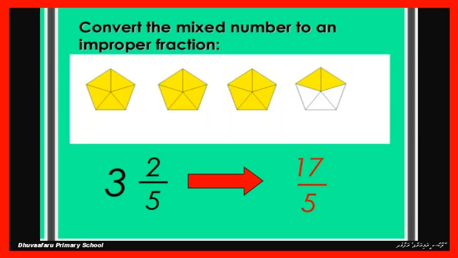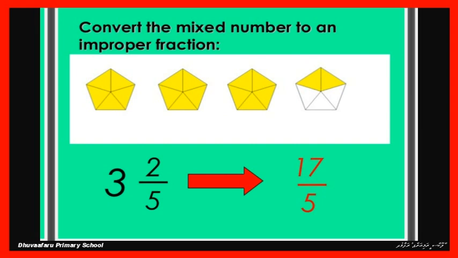3 2 by 5 changes to an improper fraction. 5 times 3 is 15. 15 plus 2 is 17. So we have to write 17 in the numerator and 5 in the denominator.